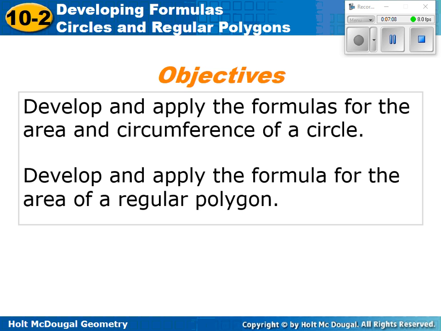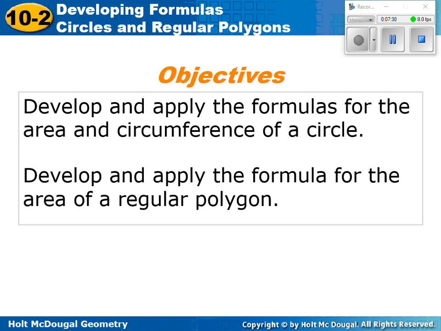The rhombus is a parallelogram, so it has the same formula, A equals BH. And a rhombus has perpendicular diagonals just like the kite, so it is also A equals 1/2 D1 times D2. Okay? 2 new formulas you can add to your notes today.